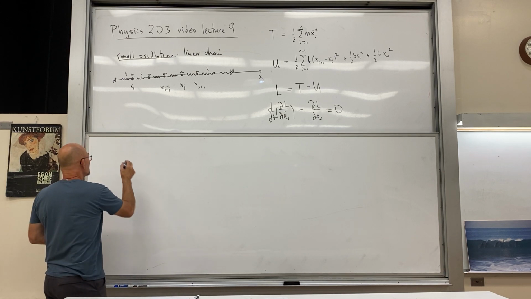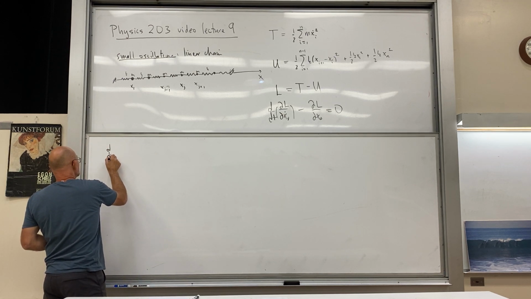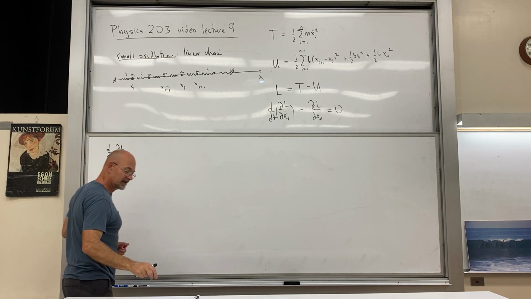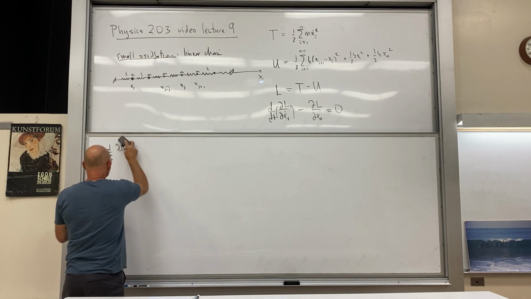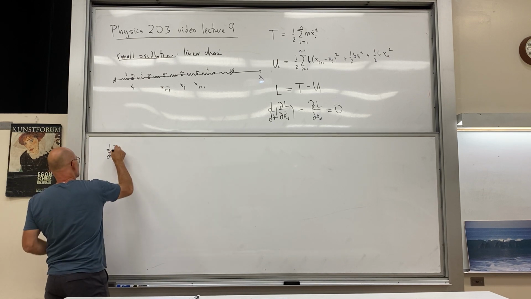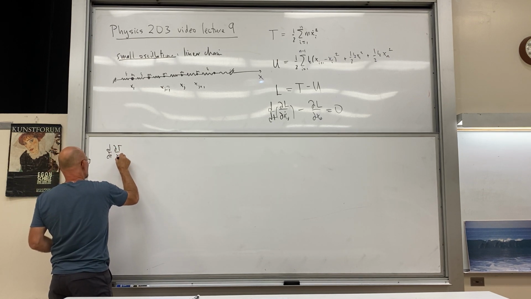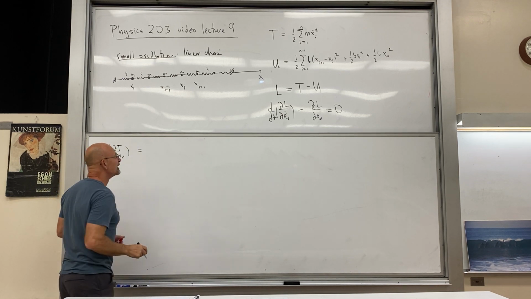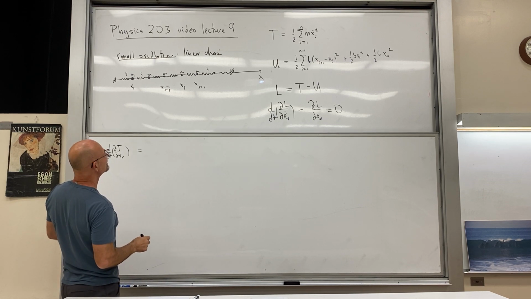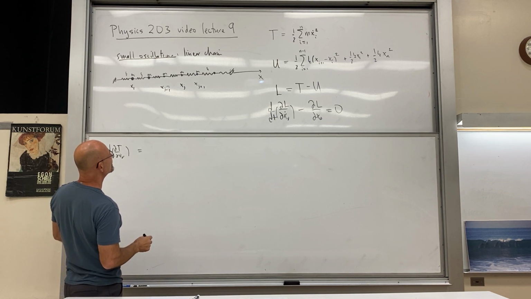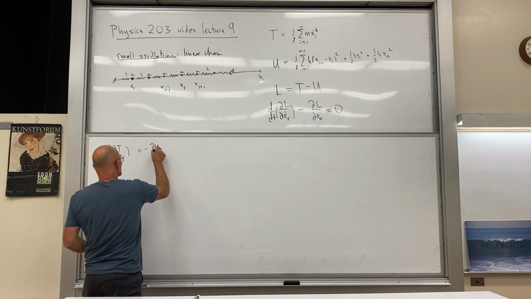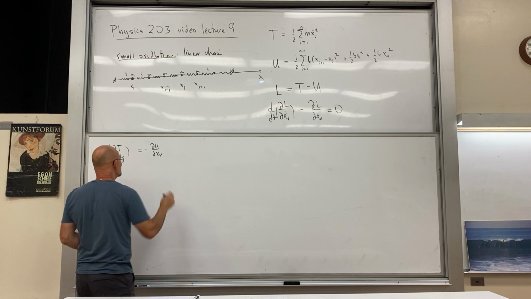So we could also say d/dt of dT/d x nu dot is equal to, we always got those 2 minus signs, so T minus U, minus dU/dx of nu.